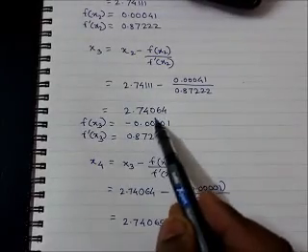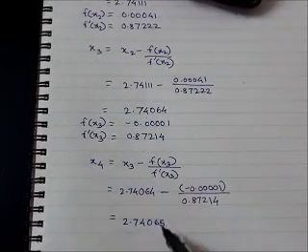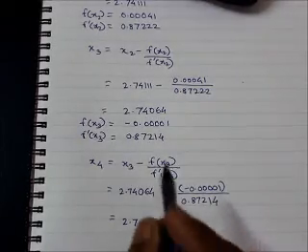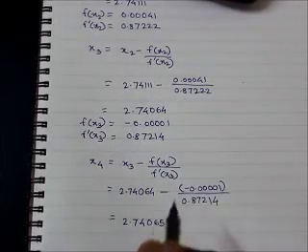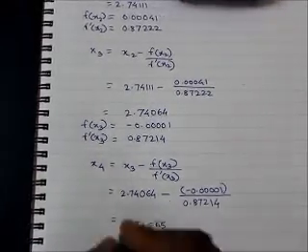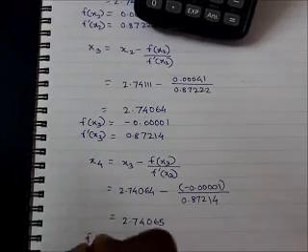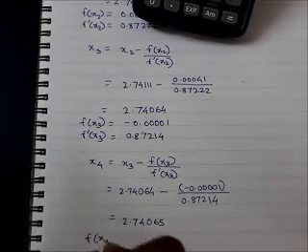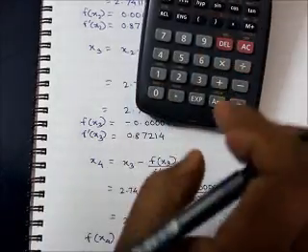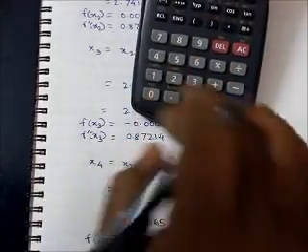The last one was 2.74064, this one is 2.74065, but still the last digit is different, which is why we have to go one step further, just one step. I'm sure that we would get it in this step. Let's find out what f(x4) is. So answer into log to the base 10 of answer minus 1.2.